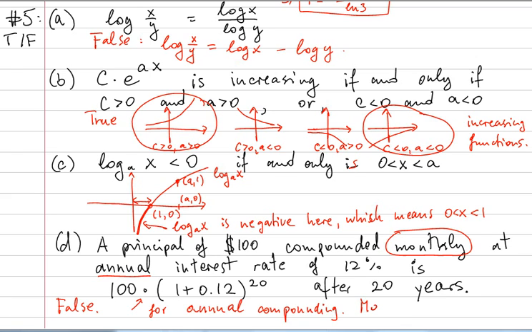If it's monthly, the compound interest will be 100 times 1 plus 0.12, which is the 12%, divided by 12, raised to the 12 times 20 power, because you have 20 years, and each year you have 12 compoundings, so altogether you have 240 compoundings.